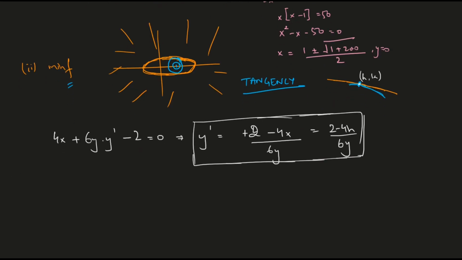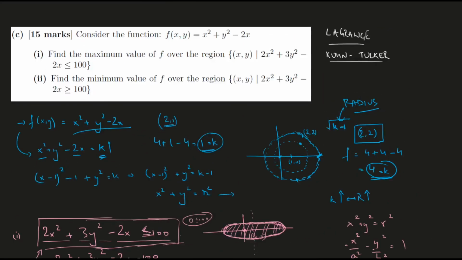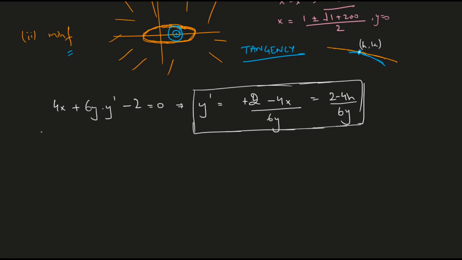Now what about the slope of the circle? The objective function, let me check it. Okay, it was x square plus y square minus 2x. So x square plus y square minus 2x is equal to k, is what my objective function is, the equation of the circle. I would take the derivative with respect to x again. This would give me this equation, which can be written as 2 minus 2x upon 2y.